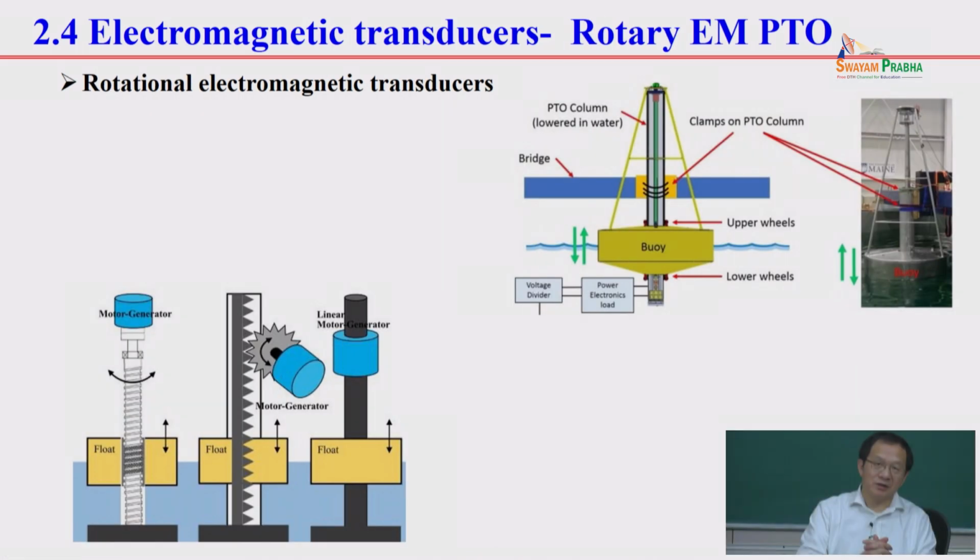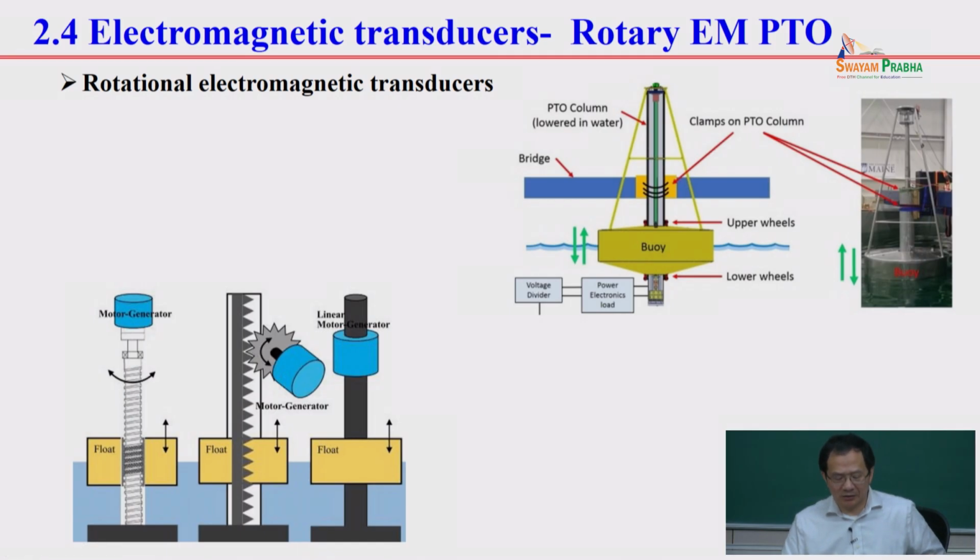You can also have an electromagnetic rotational transducer. And here, this is a ball screw system, right? The buoy moves up and down, drives this ball screw, then drives this generator. You also can have the buoy move up and down, drive a rack and pinion, and then drive the generator, right?